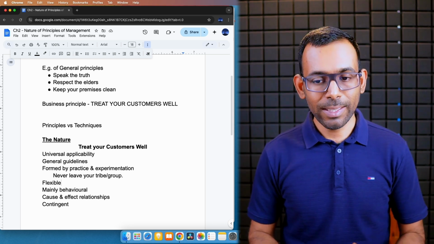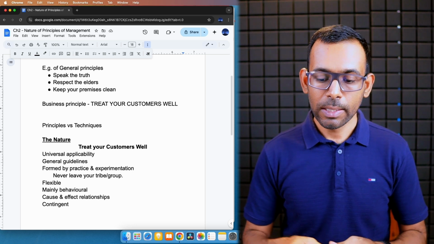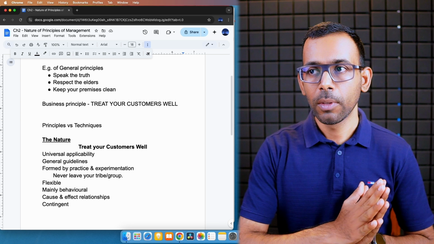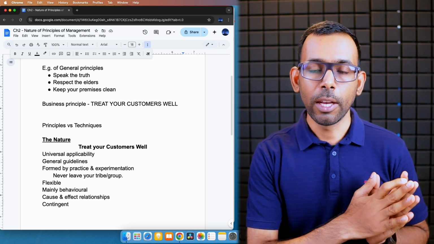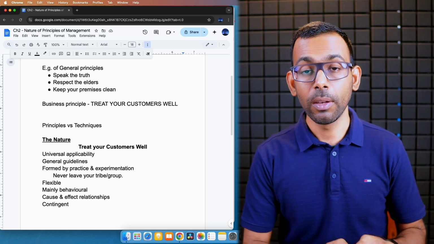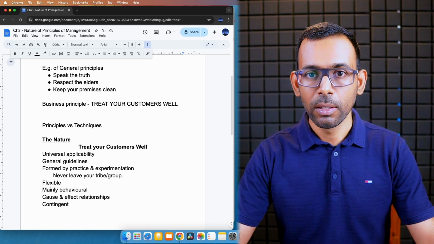Now let's go to the next nature, which is that principles are flexible. Scientific principles are rigid. Those principles cannot be molded or used according to a particular situation. For example, one scientific principle is gravity.